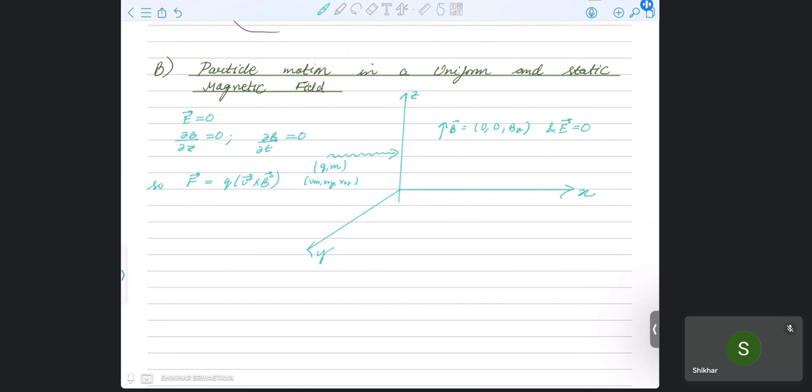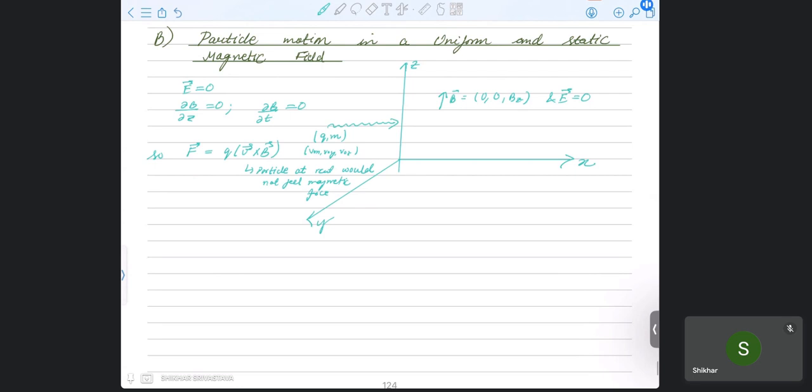A particle at rest would not feel a magnetic force, but the converse is not true for the electric field. The electric force is q times E, irrespective of the motion of the particle; a charged particle will always feel that force. But for the magnetic force to be felt, the particle must be in motion. It should have some nonzero value of v. Okay, important point to note.